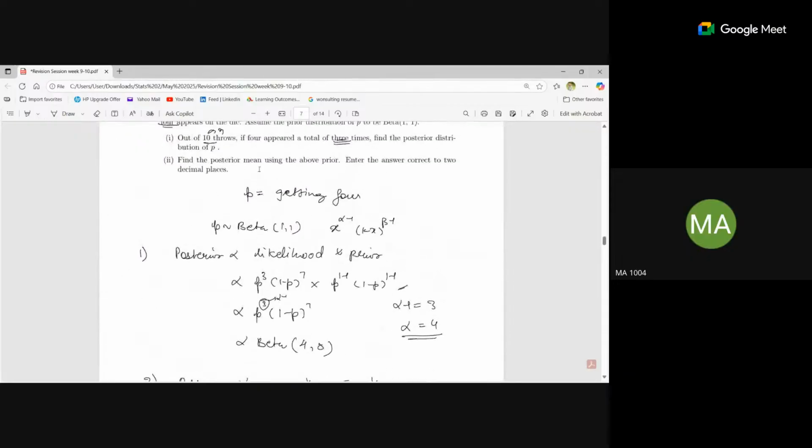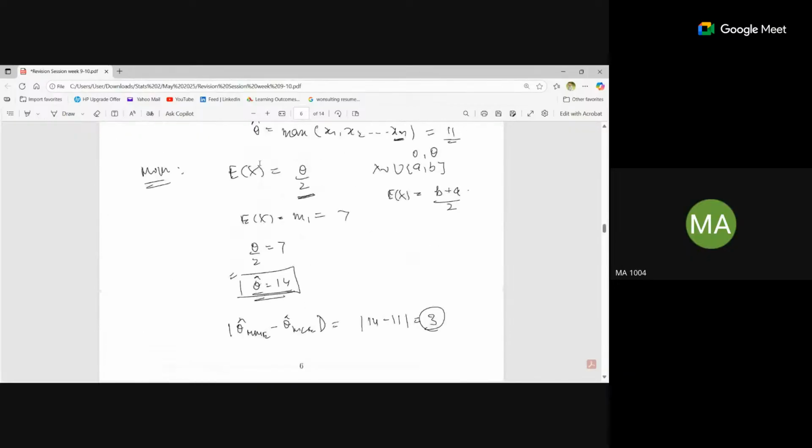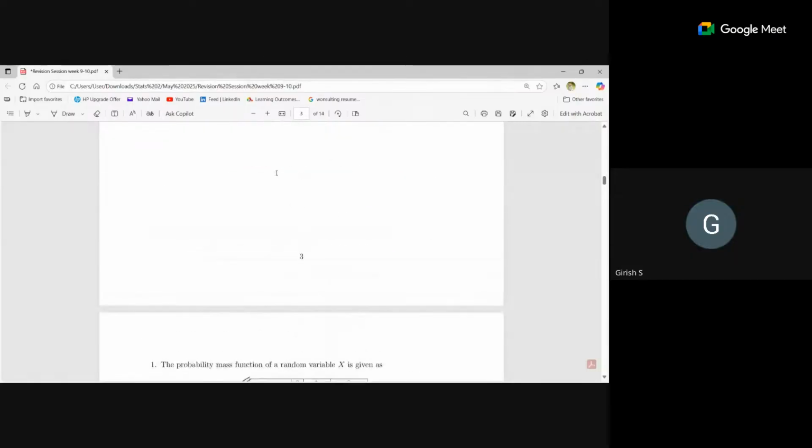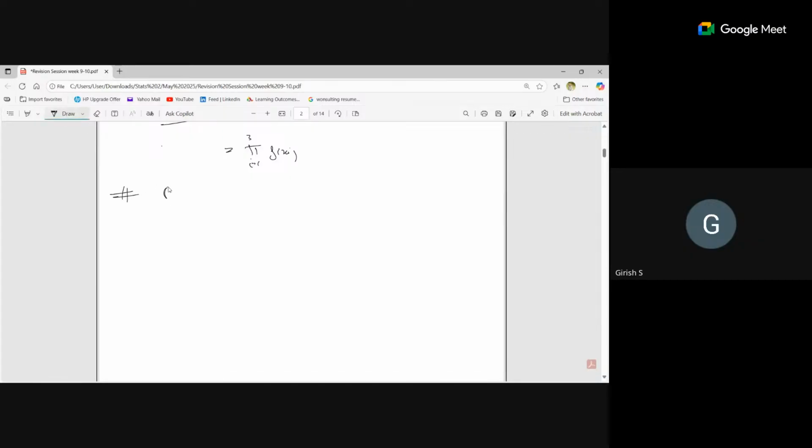Because probability of s given p will be simply finding the probability of the sample using p, and probability of p will be given. So probability of s would be what? The probability of p equals some value, like 0.7, into probability of s given p equals 0.7, right? Oh, okay, now I got it. It's total probability.